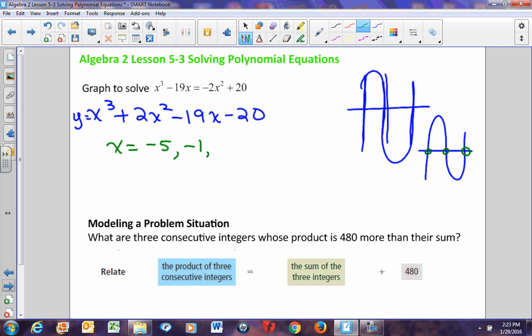And the last one, I do the last one, I'm going to scroll over to the right, and that intersection is at 4. Okay? So I look like I have -5, -1, and 4 is my 3 zeros of this particular graph.